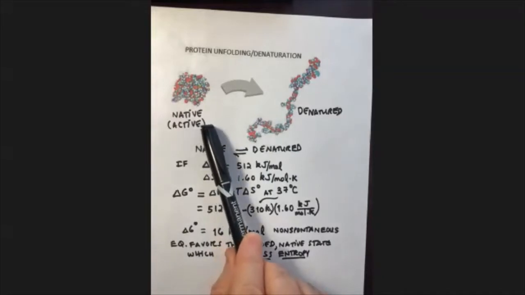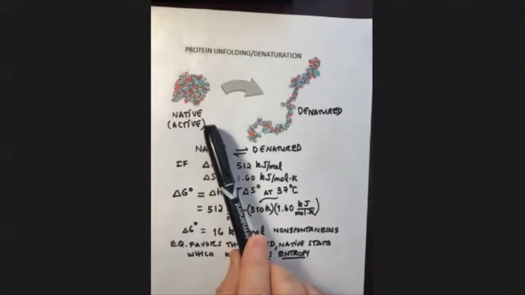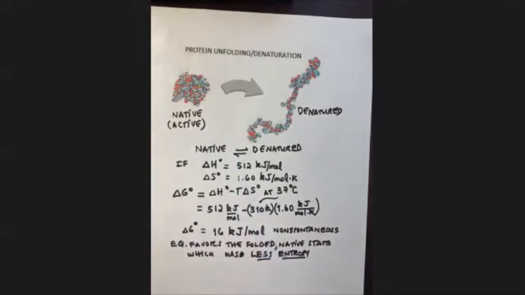It's more organized, more ordered. There are fewer microstates. But remember, we had to consider what's happening to the surroundings. What happens to the entropy of the surroundings when I fold that protein? I mean, what happens to the water molecules around it?